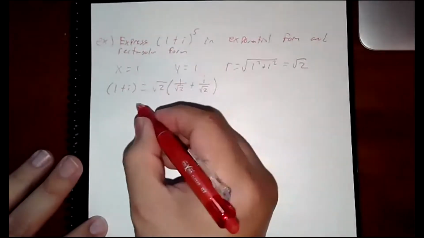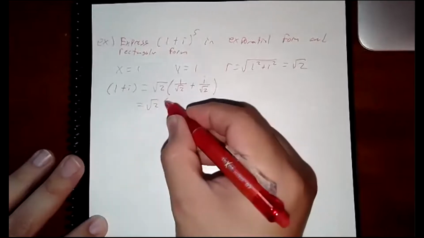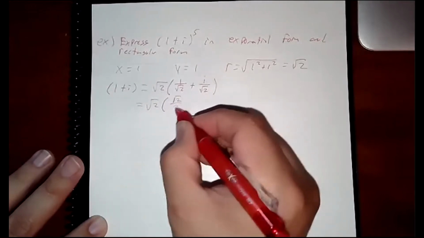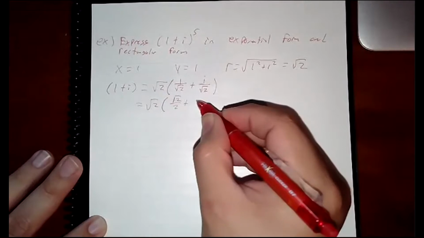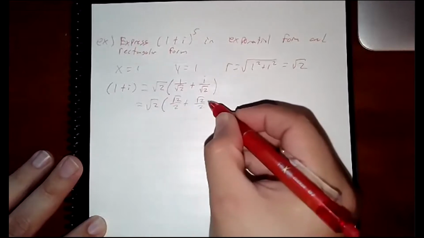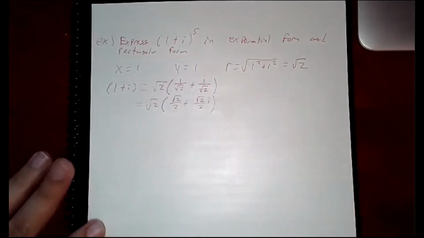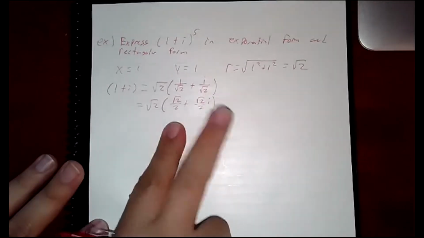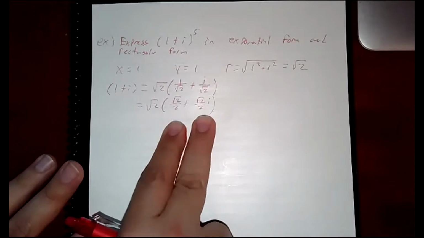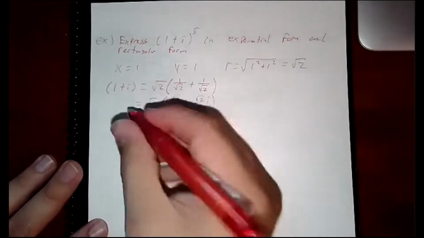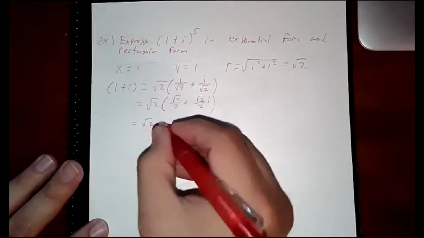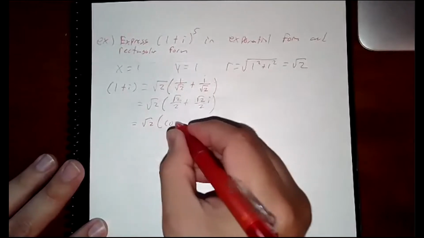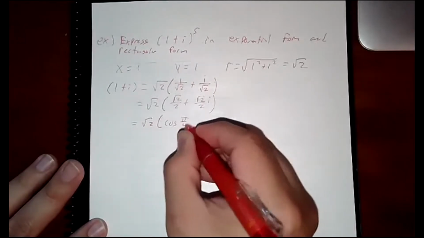And if I were to rationalize, this would be root 2 over 2, right? And we know the only place where we have x and y, root 2 over 2, that are positive, is going to be cosine of pi over 4.